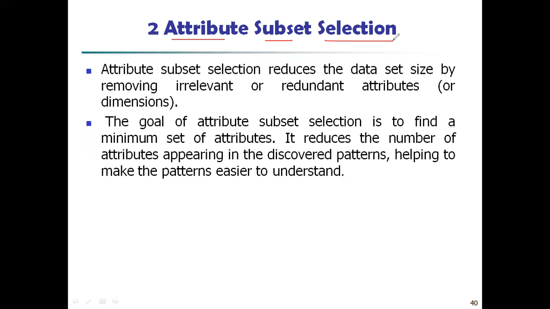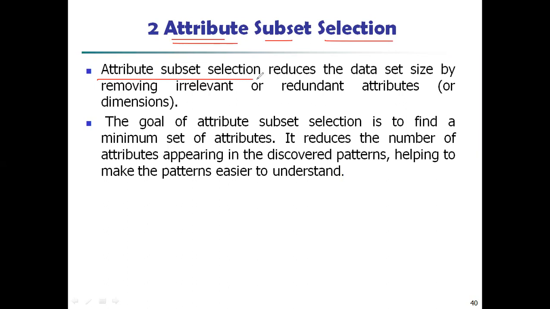Attribute subset selection means we are going to select the attributes from the total number of attributes. Those attributes which are important, only those we make into a subset. Then the remaining attributes are going to be removed from the table. This is the concept.